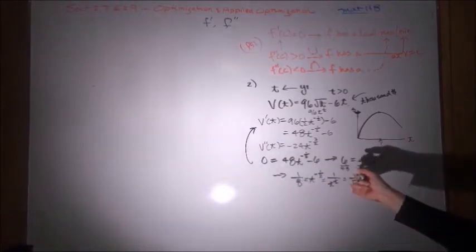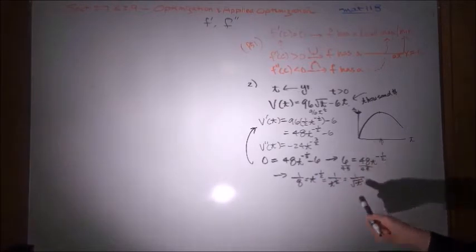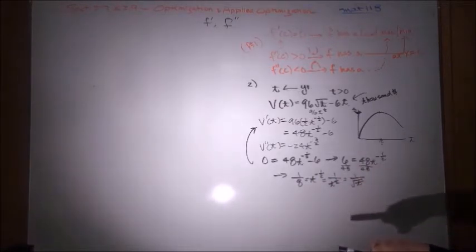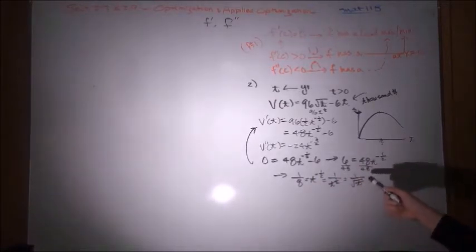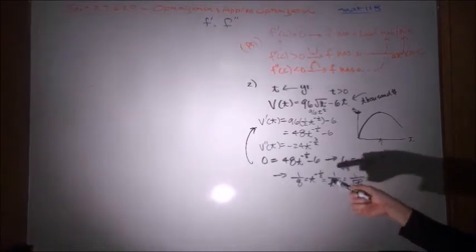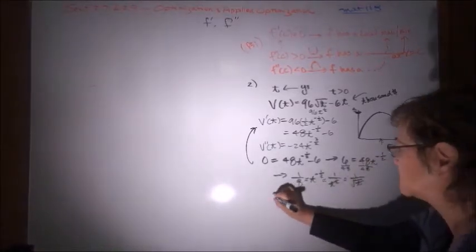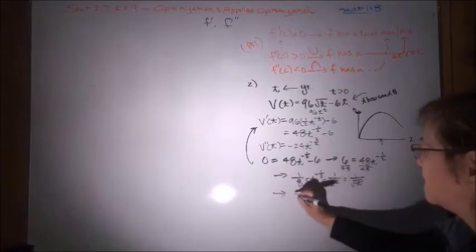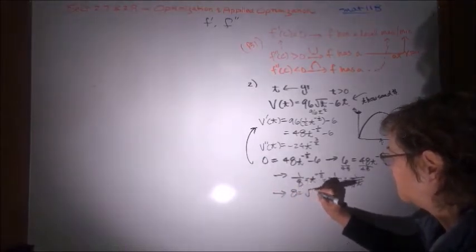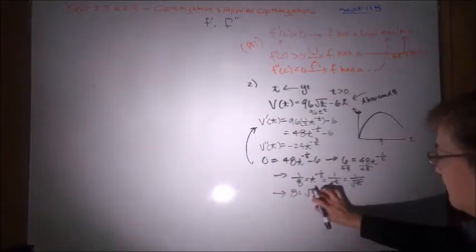So that's why at the first week, we review polynomials, quadratic equations, exponential equations and logs to help us deal with situations, right? So 8 equals square root of t.